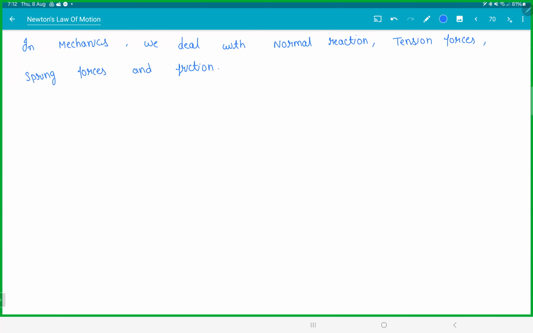Now, initially, we will study normal reaction and tension. Spring, we will study at the end of the chapter. And friction, we have a separate chapter for it.